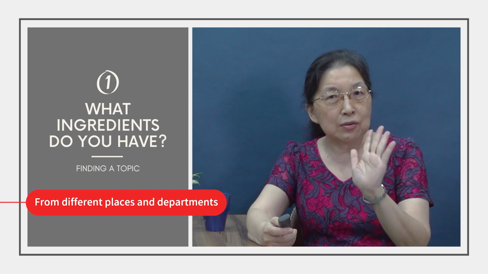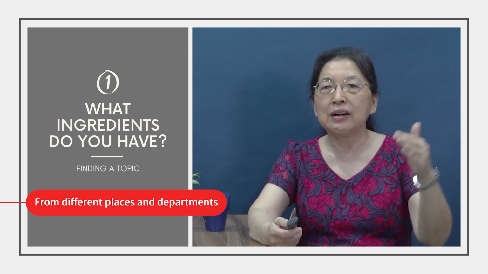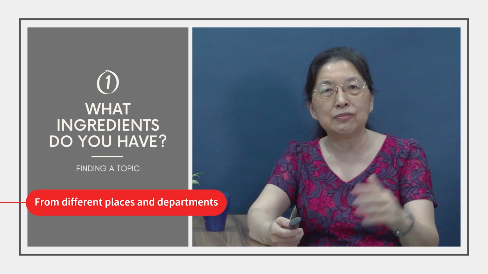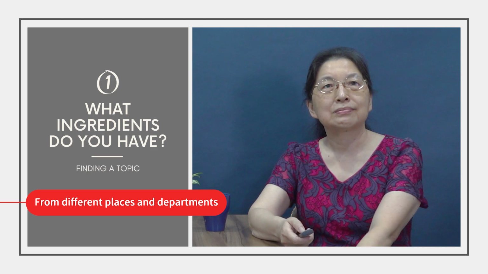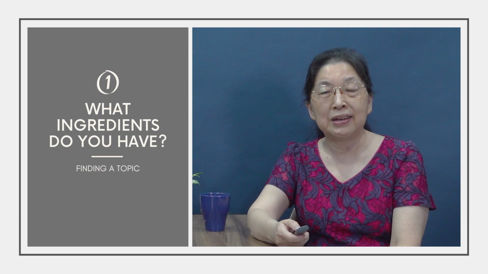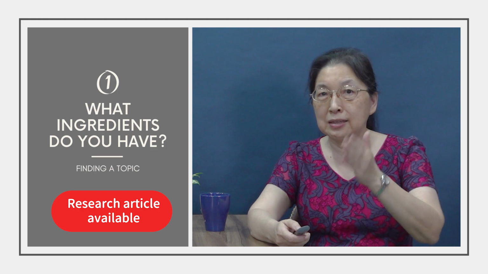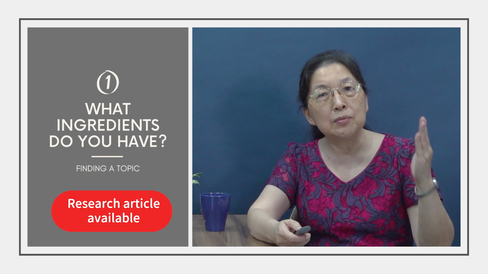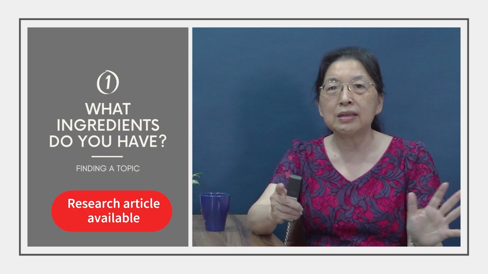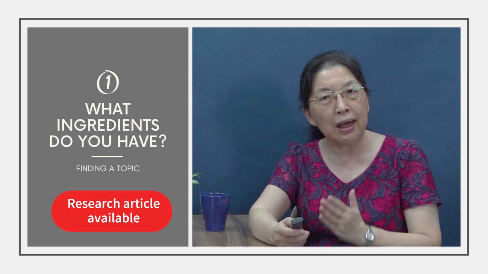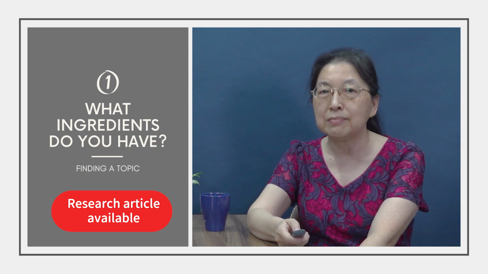So you can see the ingredients are different for different places, for different departments too. And I also need to find out what research articles are available. Are they written in local languages, in Chinese, or are they written in English? So all these different ingredients, whether they are readily available from our library or not, are all my concerns when I prepare for a meal.